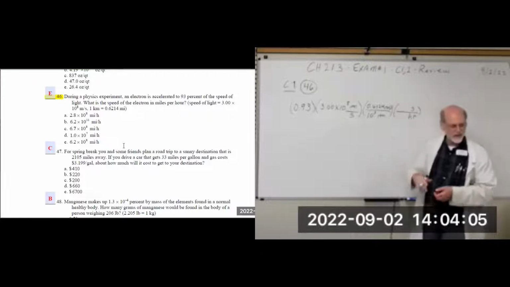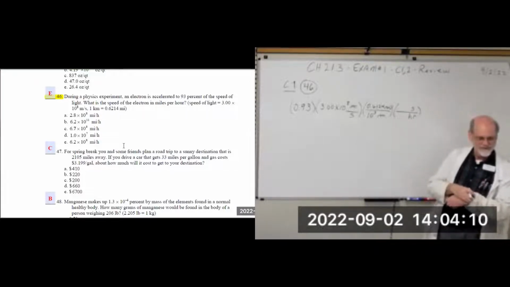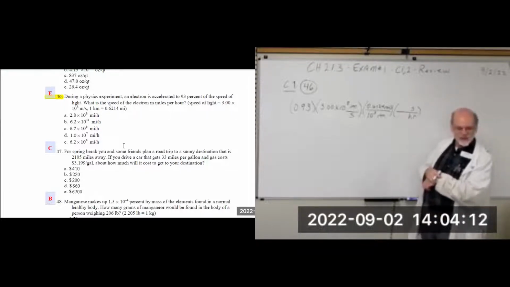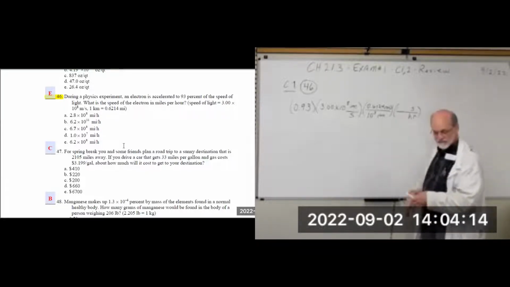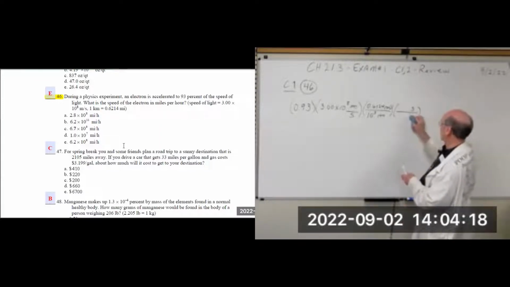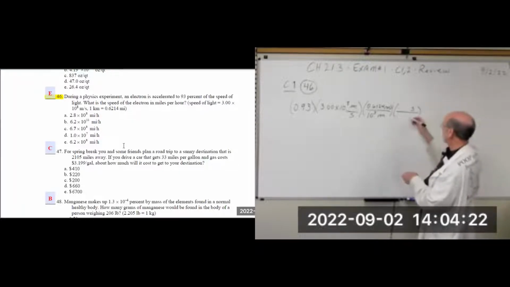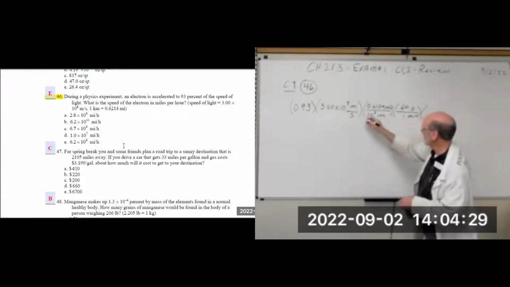How many seconds in an hour? Or do we need to do it? We can do it stepwise. How many seconds in a minute? Okay, minute. 60 seconds. And that gets rid of seconds.